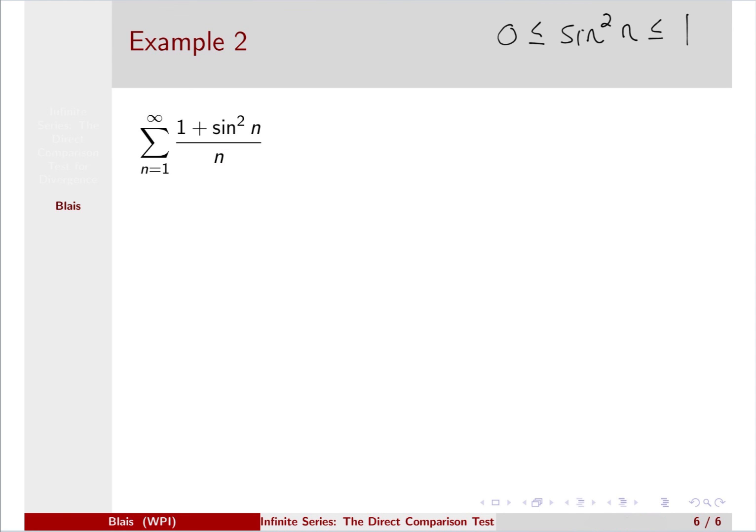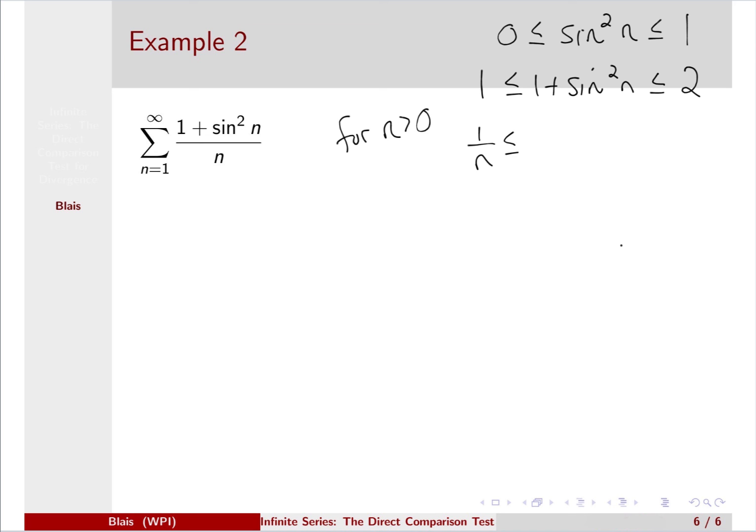And specifically, let's try and build an inequality that gets our summand here compared to the harmonic. So we see here we want 1 plus sine squared n, so let's add 1, and we get 1 less than or equal to 1 plus sine squared n less than or equal to 2. And n is always going to be greater than 0, so we can divide each term by n and maintain the inequalities.